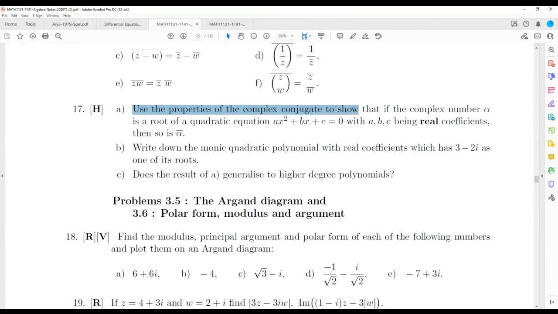Use the properties of the complex conjugate to show that if you have a complex number alpha that's a root of the quadratic equation, and the coefficients are real, then so is the conjugate of alpha. Basically alpha and its conjugate satisfy this polynomial with real coefficients. So let's do that, and we can work out what's going on. It's a pretty interesting result, I've got to say.